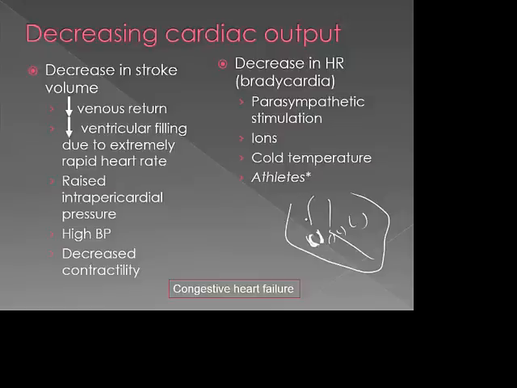Blood from here will not be able to flow into this. So what will happen? It will have back pressure and go into the blood vessels in the neck. All the blood vessels which drain into the superior vena cava will be engorged. All the blood vessels going into the inferior vena cava will be engorged. So the liver will feel tender, the lower limbs will feel swollen, you'll have edema. So this is called right-sided congestive cardiac failure.